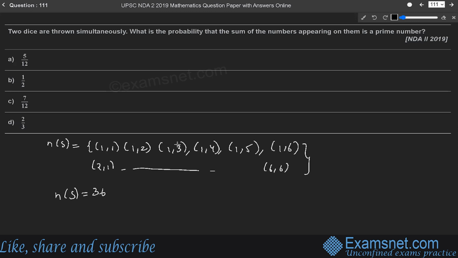Now, let A be an event of getting the sum as a prime number, and we know that prime numbers are 2, 3, 5, 7 and 11.